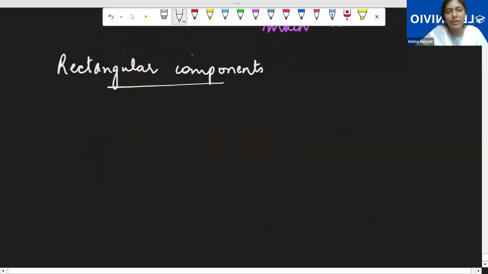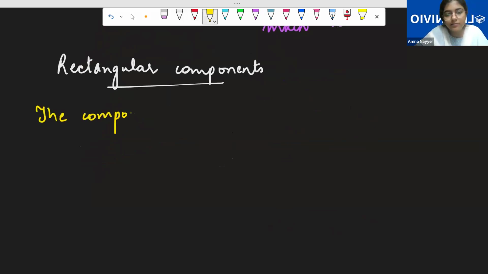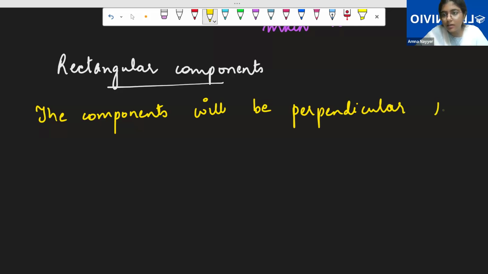Rectangular components means that the components will be perpendicular to each other. Okay, so components will be perpendicular to each other.